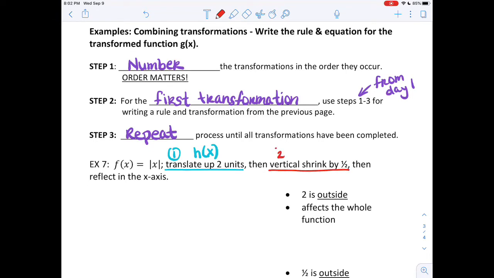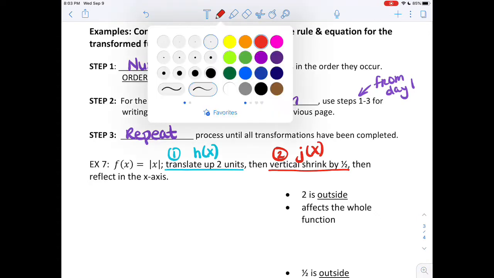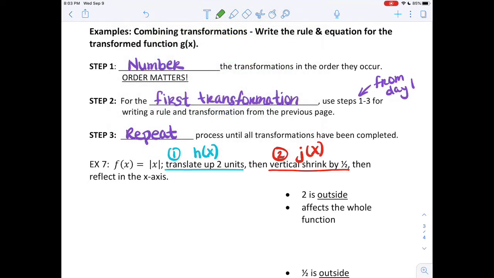So that is transformation number 2, and let's call that j of x. Again, just trying to stay away from f and g until we get to our final transformation, which will be g. So our final transformation, transformation number 3, is we are reflecting in the x-axis. So this is number 3, and I will finally get to call that g of x.